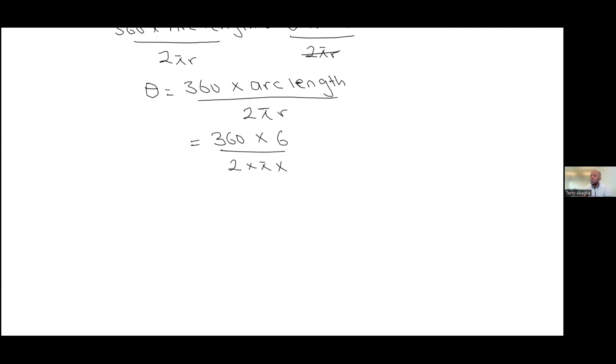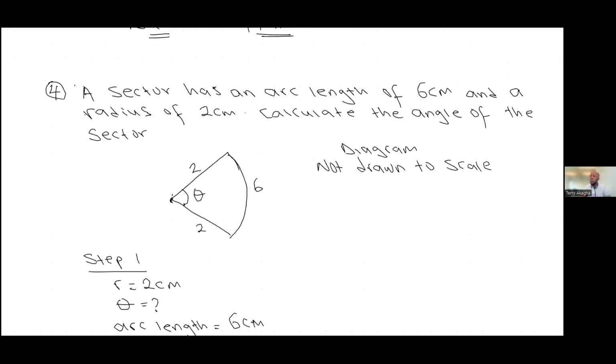So when you press this in your calculator, theta will be 171.89 degrees. That means for the sector here, theta is 171.89 degrees. And that is that for that.